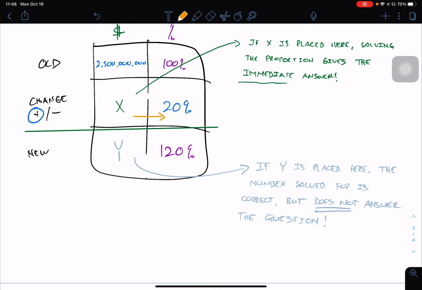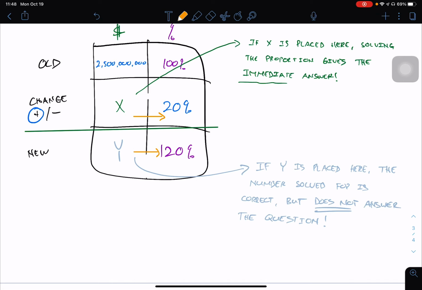So 20% of whatever's associated, in this case, 20% will be of 2.5 billion. Its associated cost will be this x. If we solve for y, we find out the cost of the home after the 20% commission. So again, that would be a correct number, but it's not the answer that we're looking for.